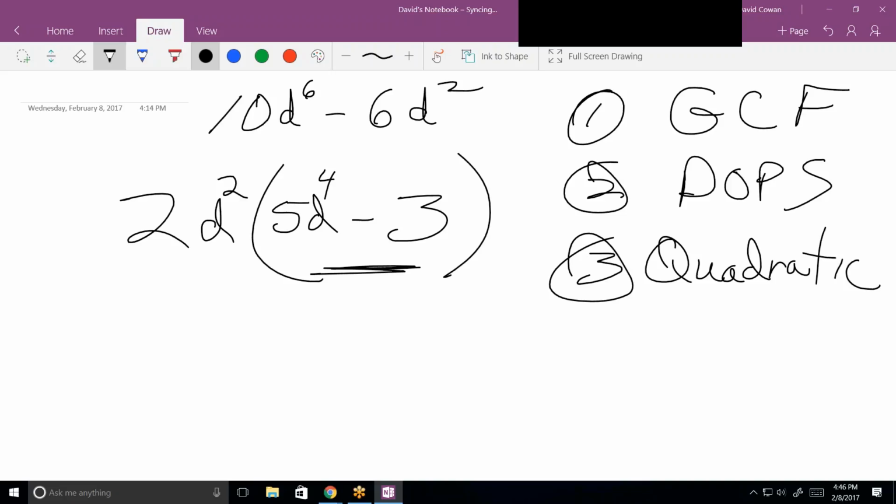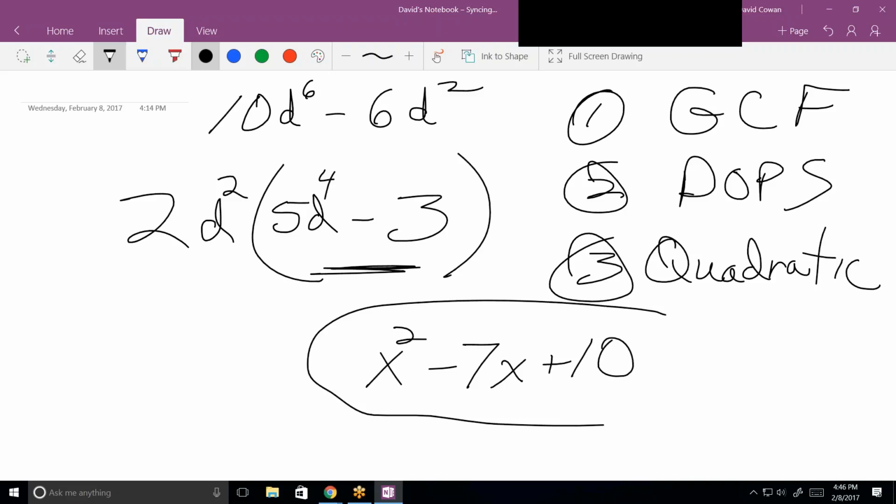In other words, if I had x squared minus 7x plus 10, there's no greatest common factor. It's not difference of perfect squares, but it's a standard quadratic. And by that I mean it has an x squared term, has an x term, and it has a number.